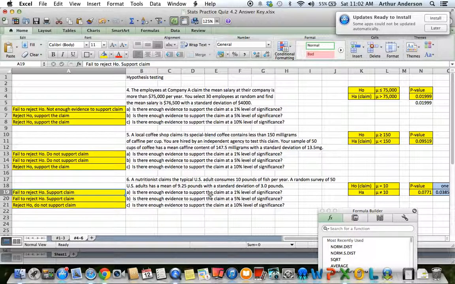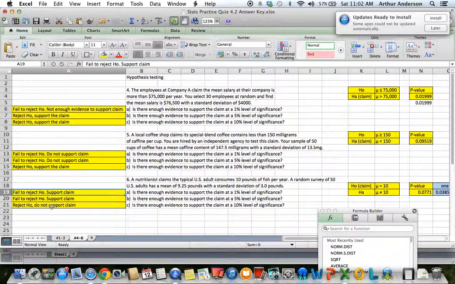Now, the null hypothesis is that it is equal to 10. The alternative hypothesis is that it's not equal to 10. The claim in this case is the null hypothesis that it is equal to 10. So for part C, once again, starting there, with a 10% level of significance, we reject the null hypothesis because 7.7% is less than 10%.